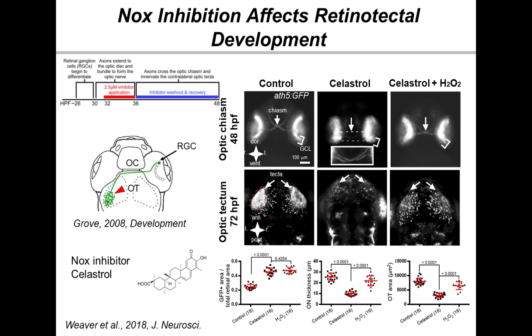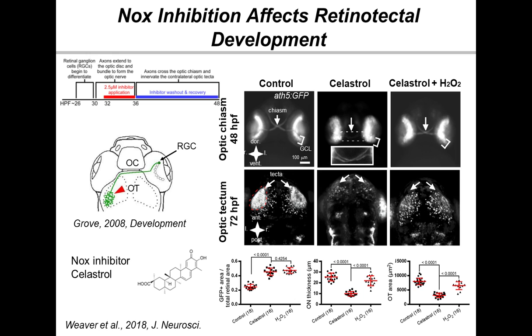And this is quantified down here. On the left side is the width of the ganglion cell layer, in control, and then celastrol is wider. It cannot be rescued by hydrogen peroxide. The middle graph shows the thickness of the optic nerve in control, reduced by celastrol, but rescued by adding back hydrogen peroxide.